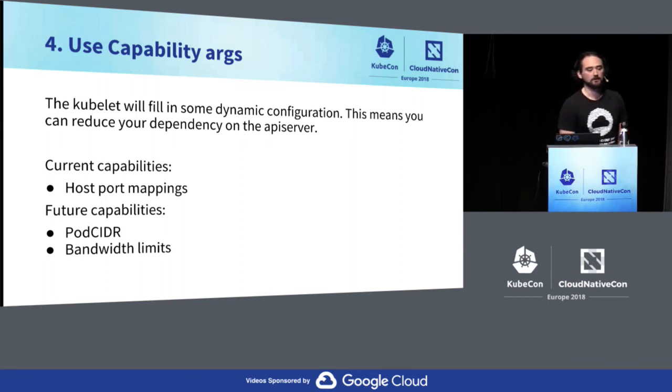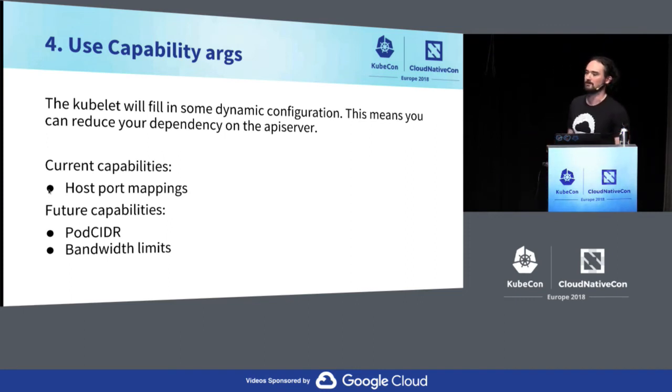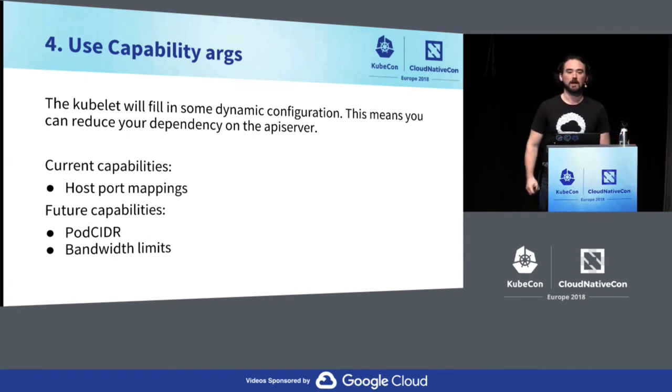Future capabilities that are going to be coming with probably Kubernetes 1.12, maybe 1.11 if we get our stuff together, is going to be passing the pod CIDR inside the network configuration and bandwidth limits inside the networking configuration. And the real goal of the CNI project is to be able to bring up a Kubernetes pod without having to talk to the API server at all.